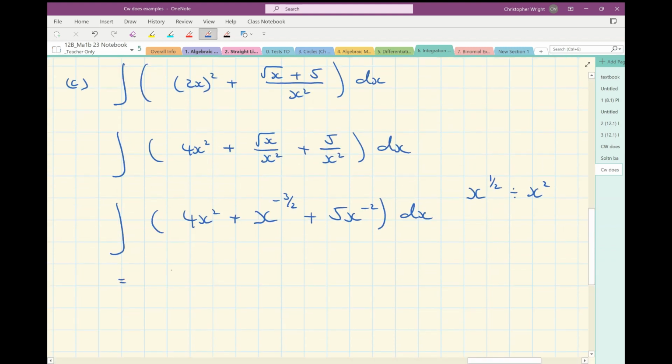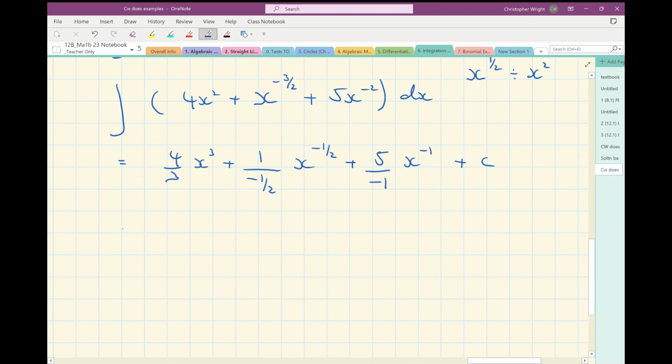All right, so integrating 4 over 3 x cubed plus 1 over minus a half x to the power of minus a half plus 5 over minus 1 x to the power of minus 1. Don't forget your constant term. So that is going to be 4/3 of x cubed minus 2 x to the power of minus a half minus 5 x to the power of minus 1 plus c.